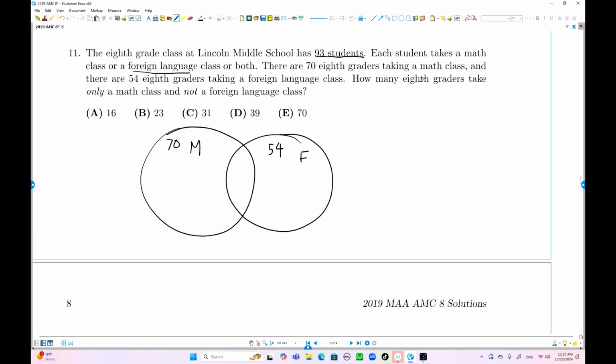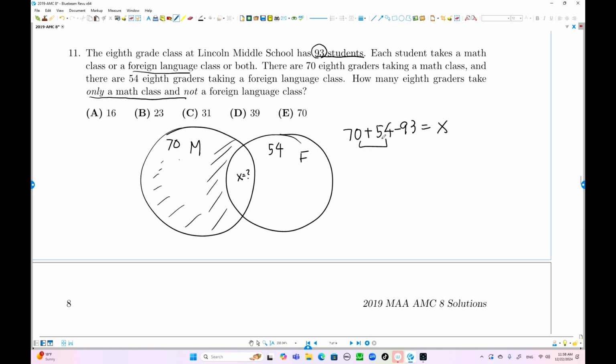Only math, not foreign language, this side. So you're going to find this number, right? Total number is 93. You know the formula, right? 70 plus 54 minus 93 is the value of x, because they are the common area.